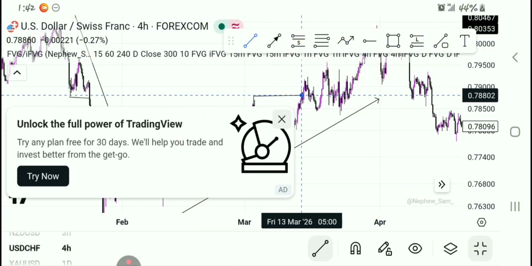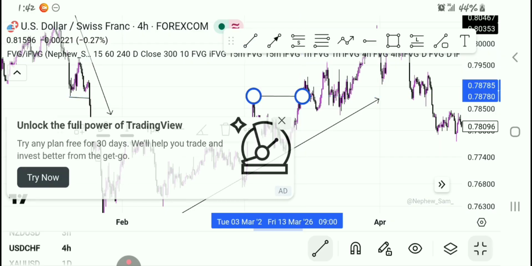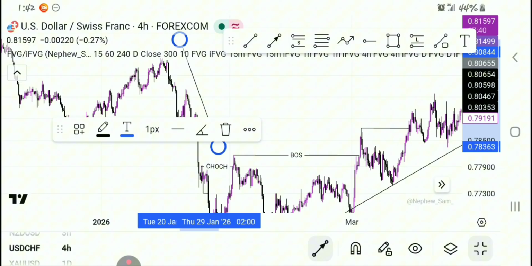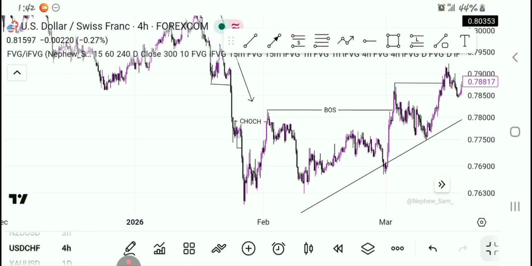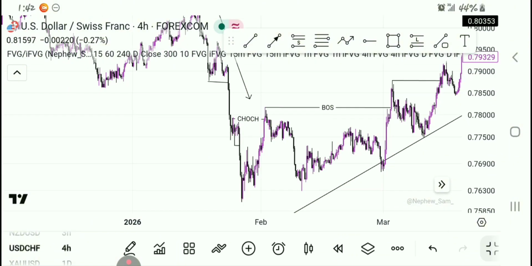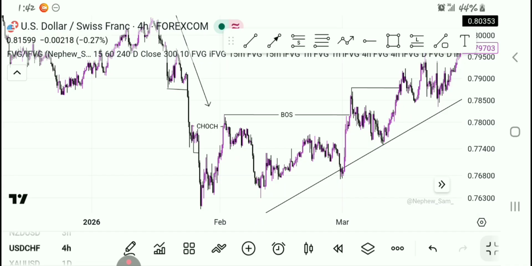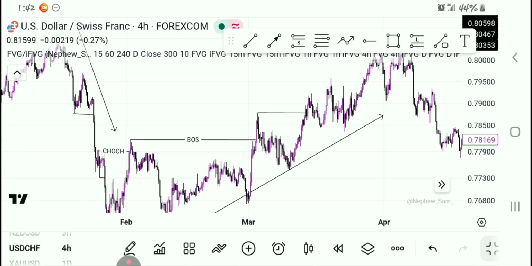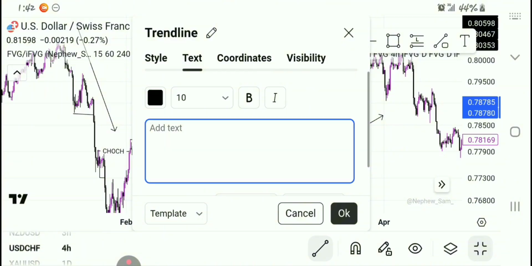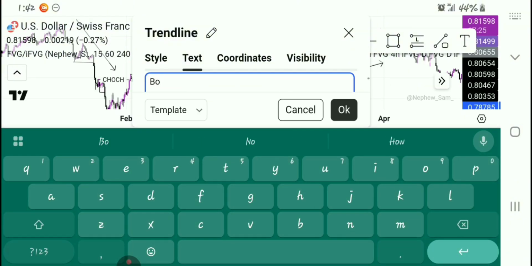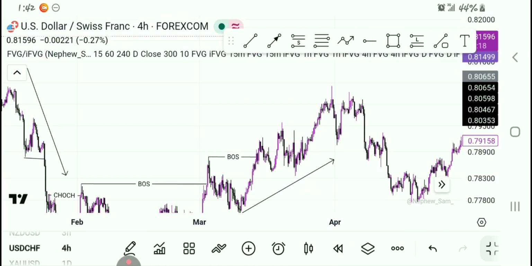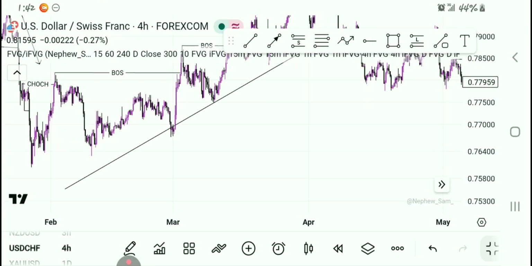So I'm just trying to show you the change of character, and I've shown you why I marked this as my change of character, because we were in a downtrend there. Then this recent break broke above the direction of the breakout structure. BOS means breakout structure, don't forget. Now we are in an uptrend here.